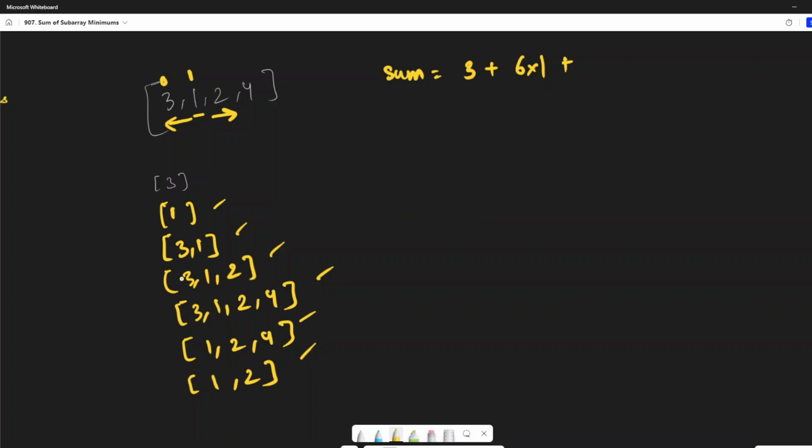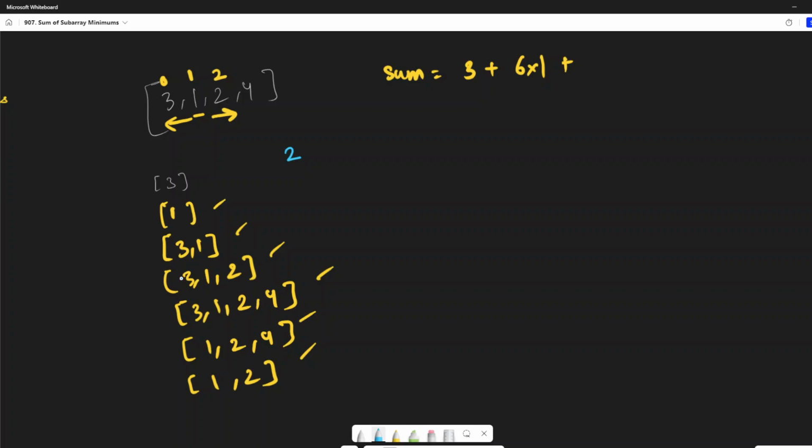Now we check the second index, which is our 2. Whatever is to the left of the 2, if it is smaller, then we won't be able to take it, because if it is smaller, then it won't make 2 the smallest number of that subarray, right?